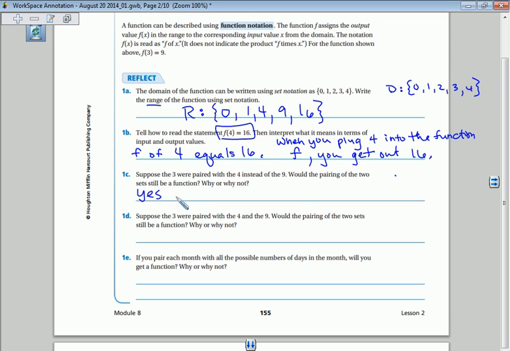Yes, because each element of the domain is paired with only one element of the range.